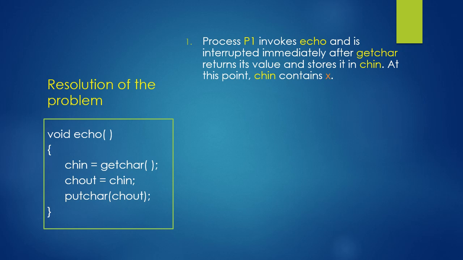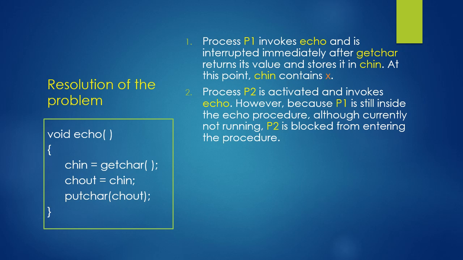At this point, ch_in contains x. Process P2 is activated and invokes echo. However, because P1 is still inside the echo procedure, although currently not running, P2 is blocked from entering the procedure. Therefore, P2 is waiting for the availability of the echo procedure.